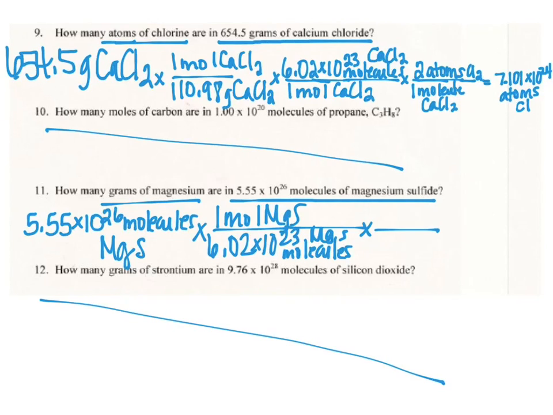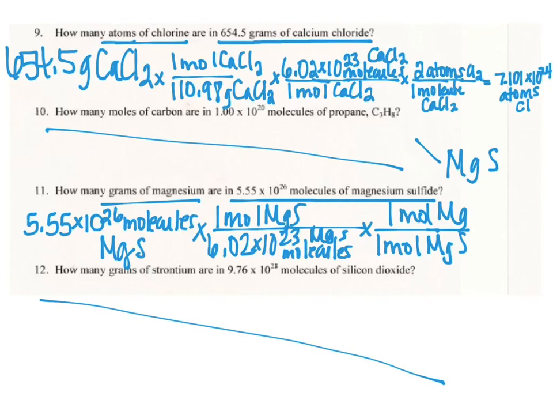So we know in this formula unit, if we have 1 mole of MgS, then we have 1 mole of Mg. Okay?